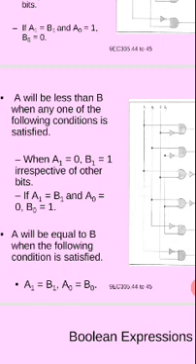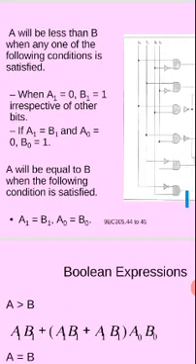A will be equal to B when the following condition is satisfied. That is A1 equal to B1, A0 equal to B0.